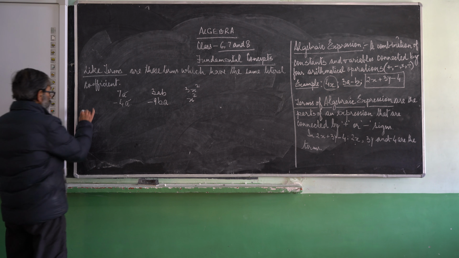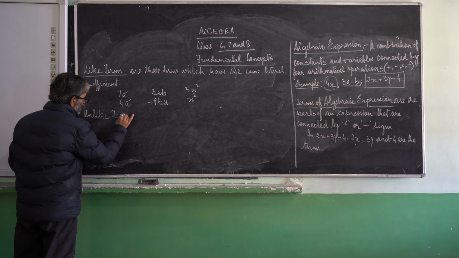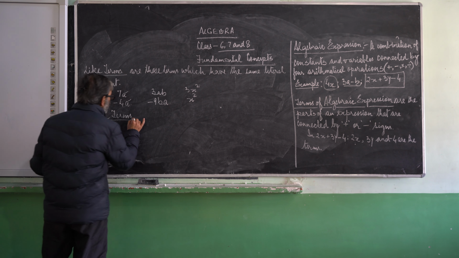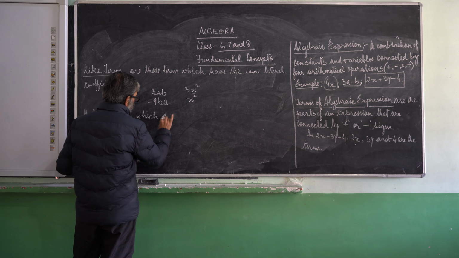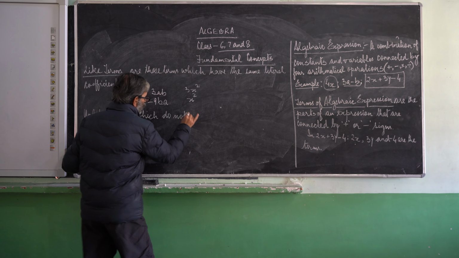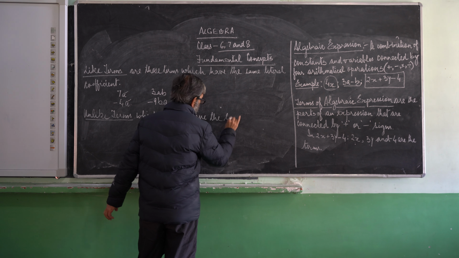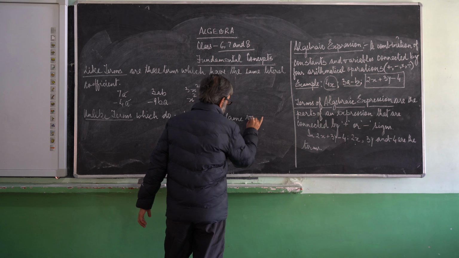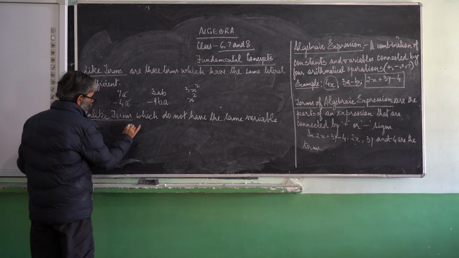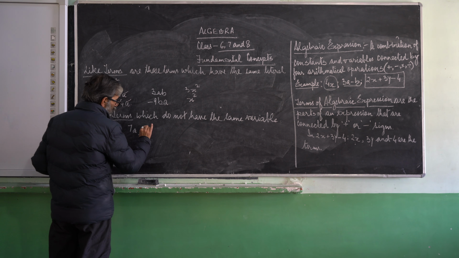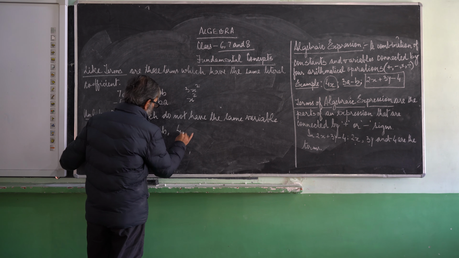And unlike terms are those terms which do not have the same variable. Example we can take 7a, minus 3ab, 4xy.